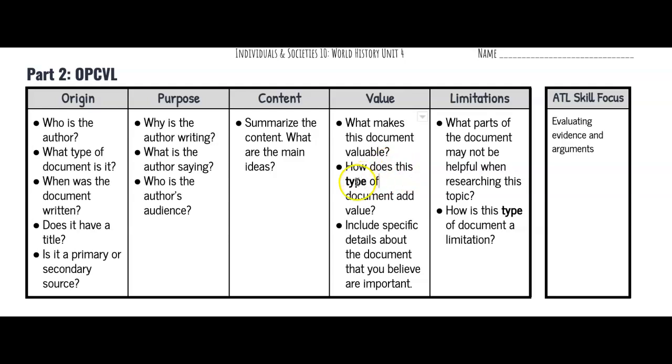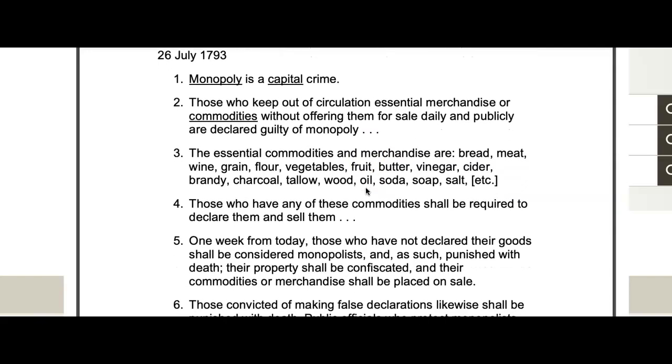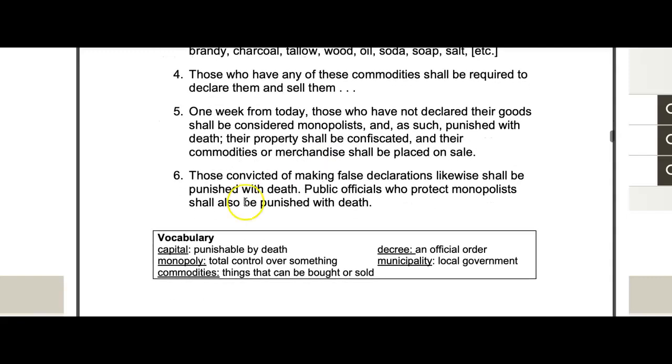Second, how does this type of document add value? Since it is official, we know that there are actual consequences involved with defying this decree. So we know that they're defining a capital crime as something that is punishable by death. And they clarified that in the 6th bullet point here as well. Punished with death.